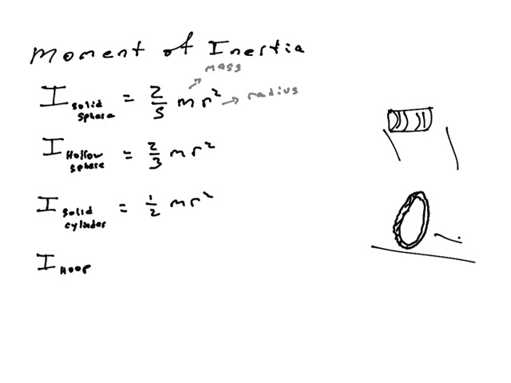And maybe that thing's rolling down the hill. So for a hoop or a ring, that's mr squared. So the coefficient for this one is just 1. And I think for the purposes of what we're going to be doing, these are the only ones we may come up with.